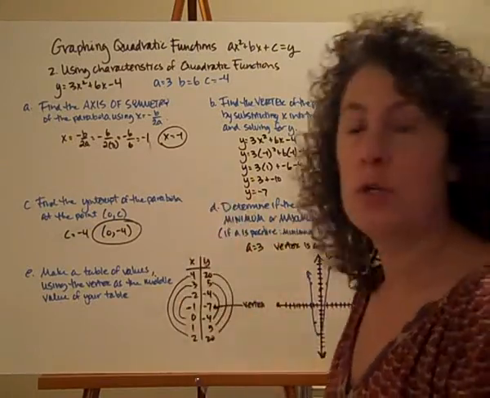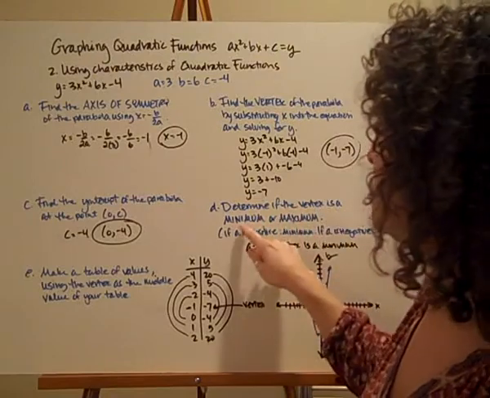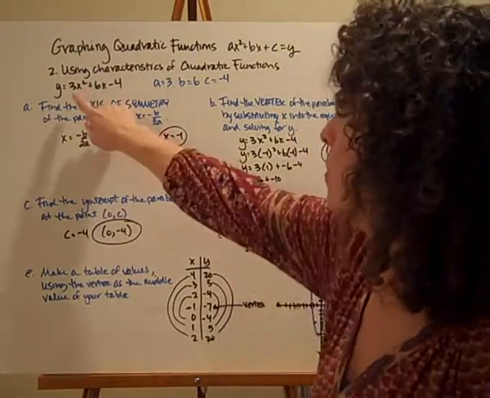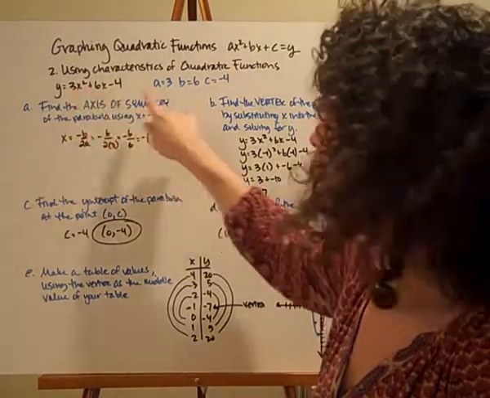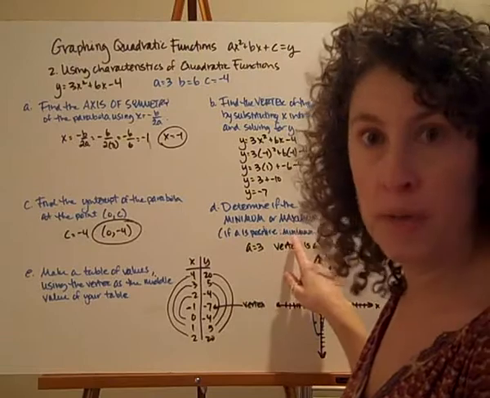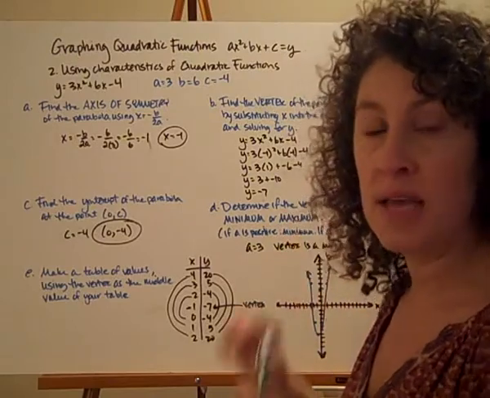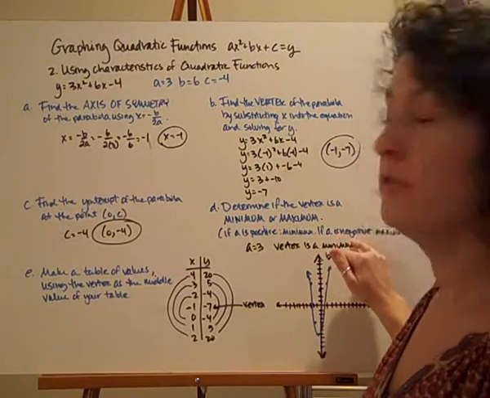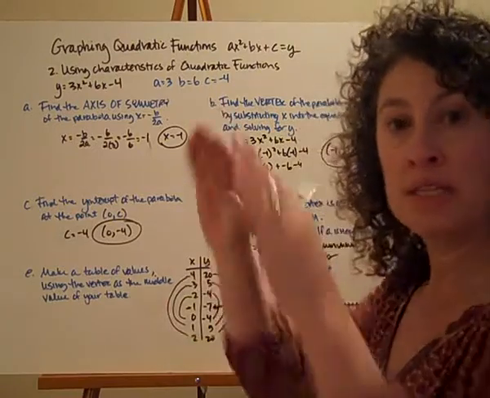The next thing we're going to do is determine if the vertex is a minimum or a maximum. And how we can do that is by looking at a. So my value of a, which in this case is 3, if a is positive, it's a minimum. If a is positive, then it is a minimum value. It's at the bottom. And if a is negative, then it is a maximum. It's at the top.